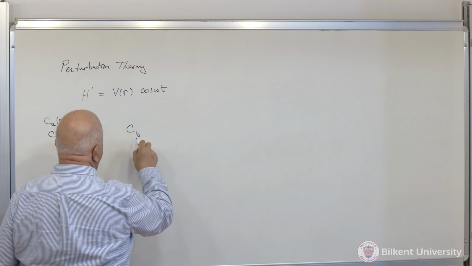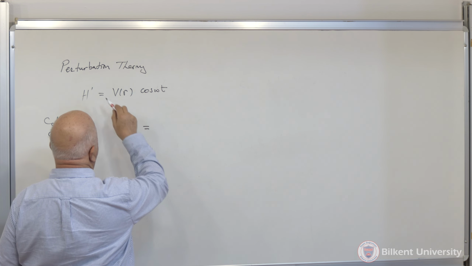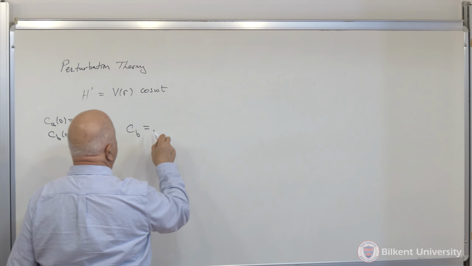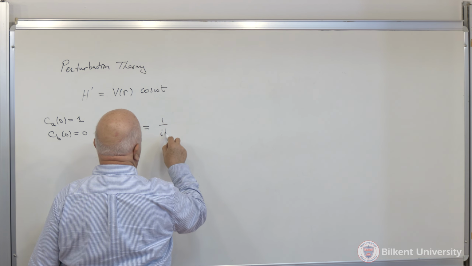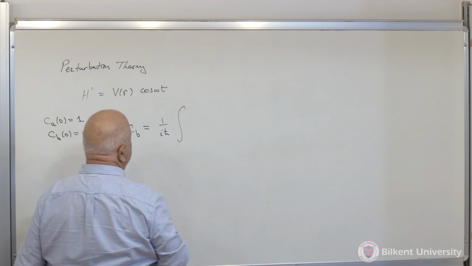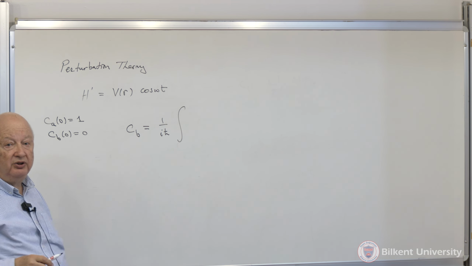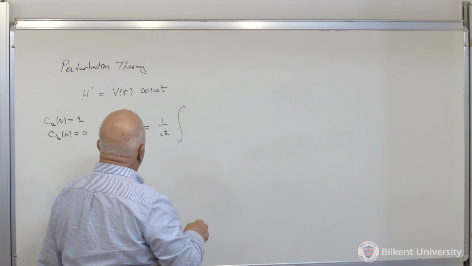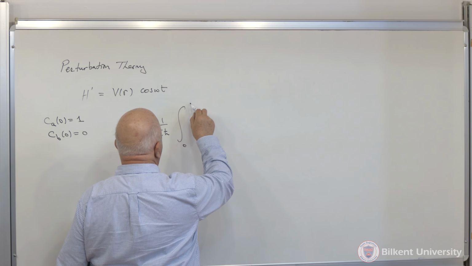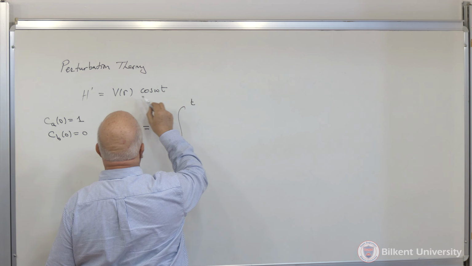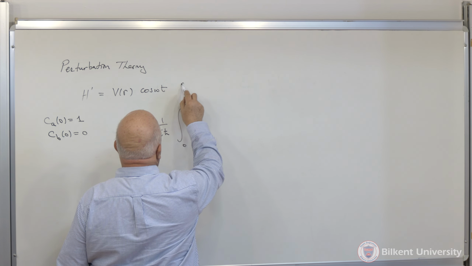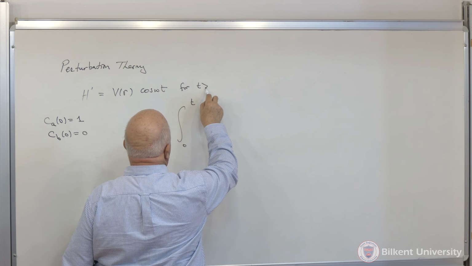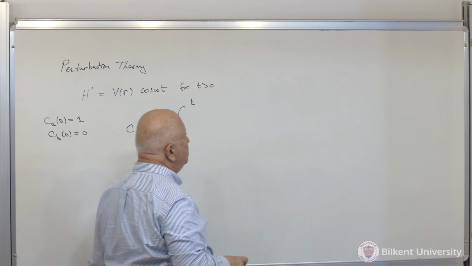So remember, we have our first order perturbation theory equation, which looks like 1 over i h bar, integrated from some time to present time. What I will do is start my oscillation at time equal to 0.